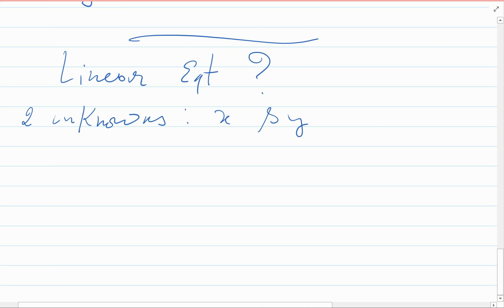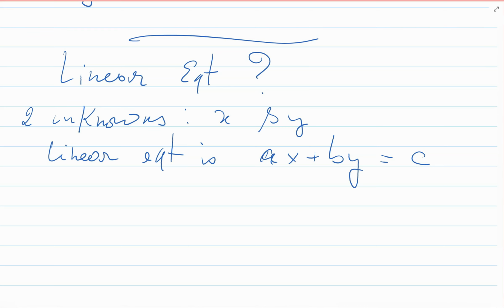A linear equation in this case is of the form ax plus by equals c. Of course, we're assuming that a, b, and c are not all equal to 0. This reminds us of the equation of a line.